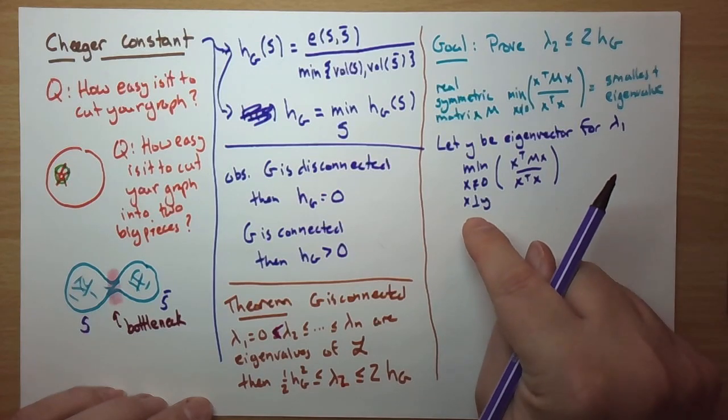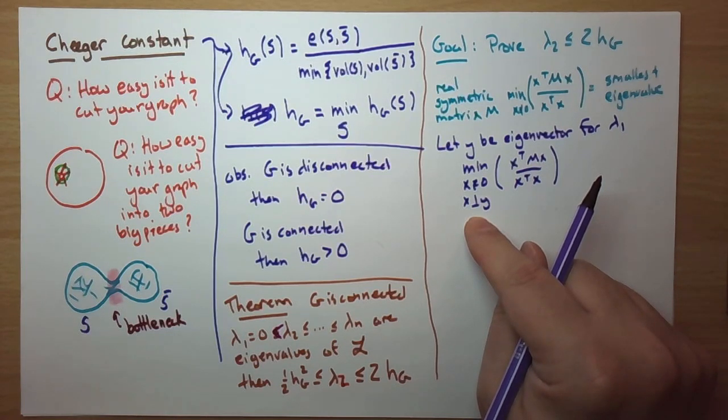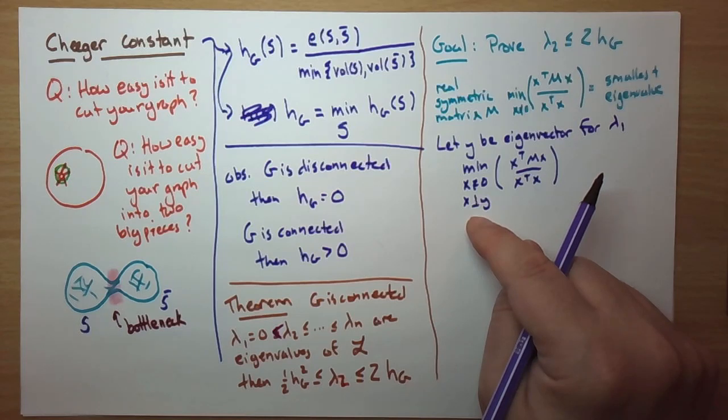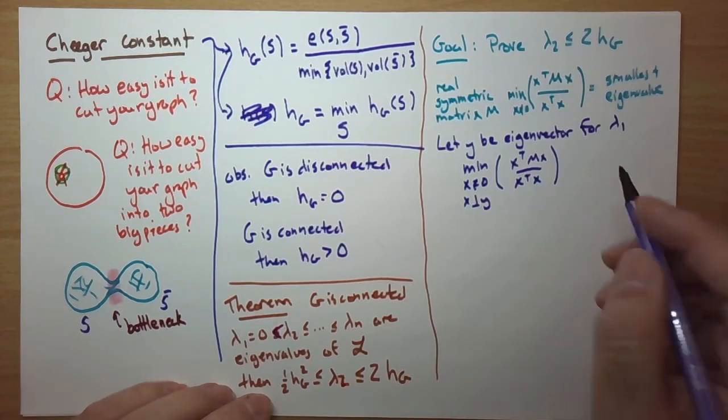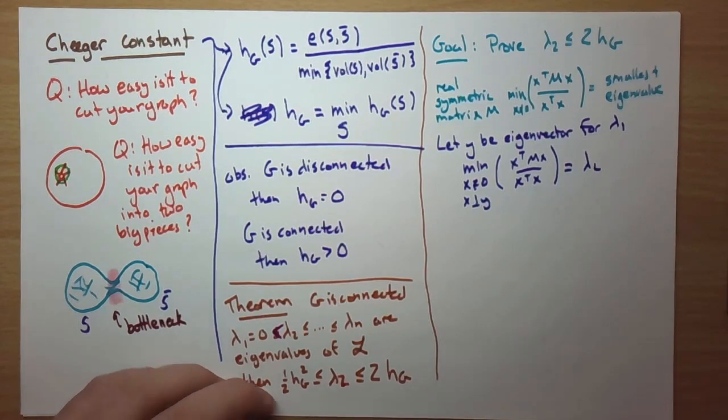Because you're perpendicular to this eigenspace, the only eigenspaces available to you are those for lambda 2 through lambda n. Among all those, I really want to put everything on lambda 2 because that's the smallest it can be. So this would be lambda 2. All right, so far so good?